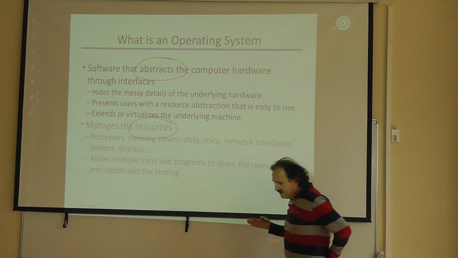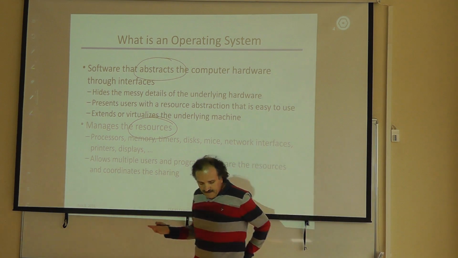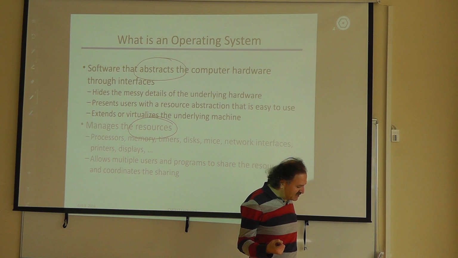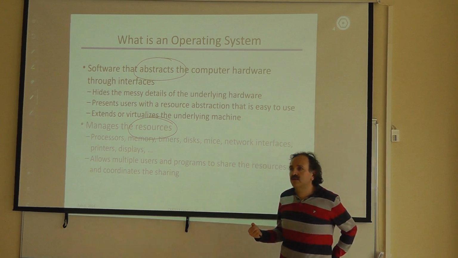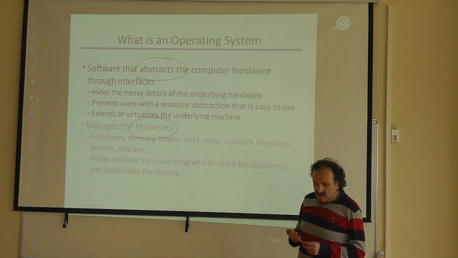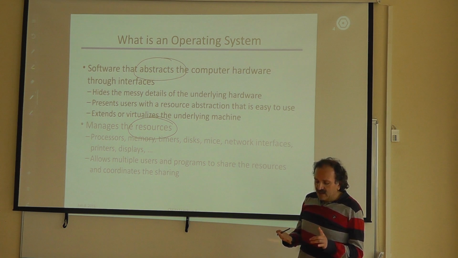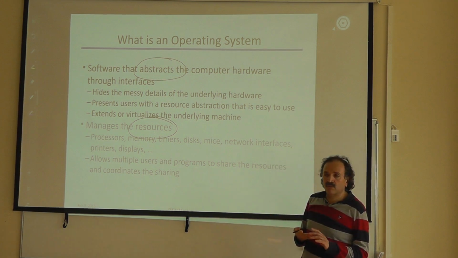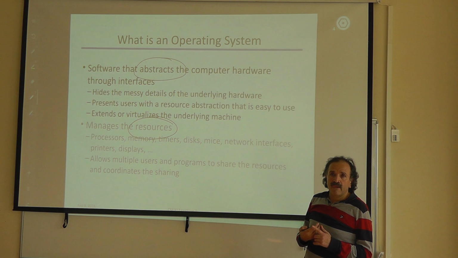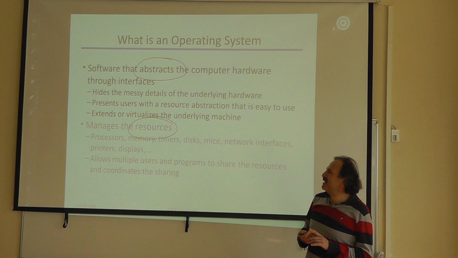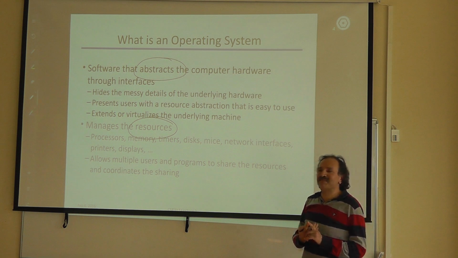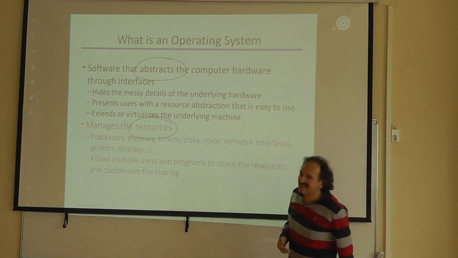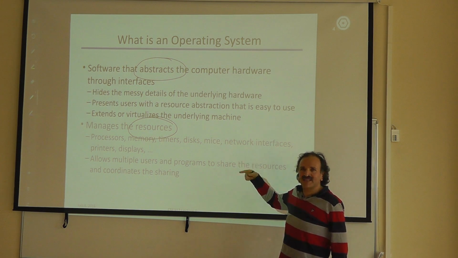Actually, what were the basic principles of object-oriented design from last semester? The first was encapsulation, then inheritance, polymorphism, and abstraction. I am trying to come to abstraction. Abstraction is one of the basic pillars of object-oriented design, and operating systems are doing the same thing.